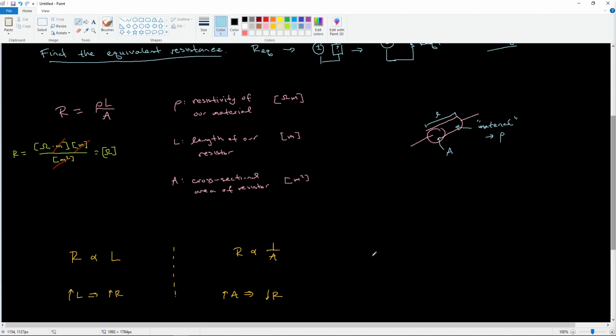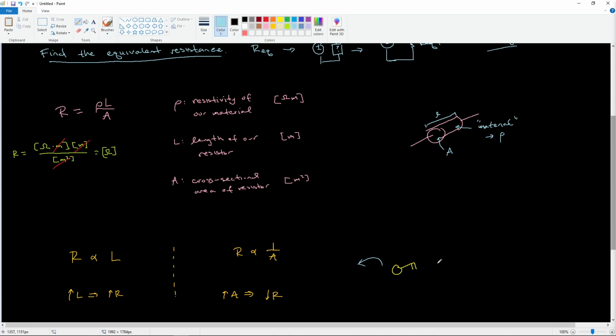However, these two variables, these two parameters changing our resistor's geometry can exactly tell us what's going on when we are doing resistances in series and parallel. So these are the key, right?